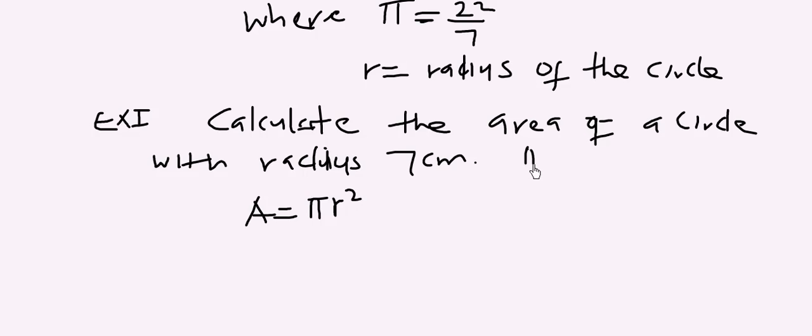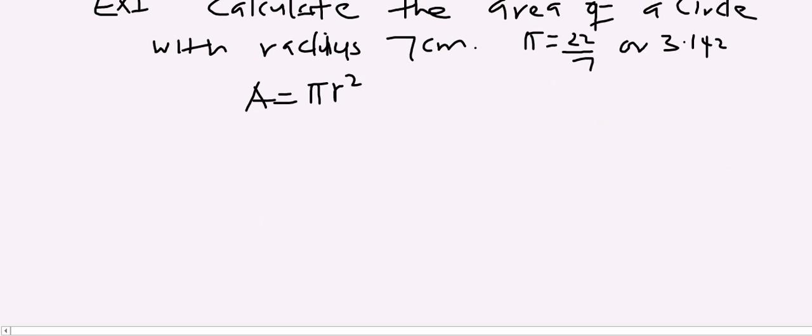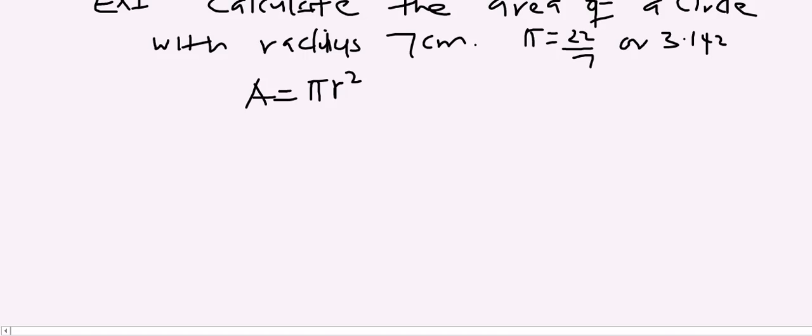Normally we'll be given the value of pi as 22 over 7 or 3.142. In this case, this 22 over 7 for pi is a constant.